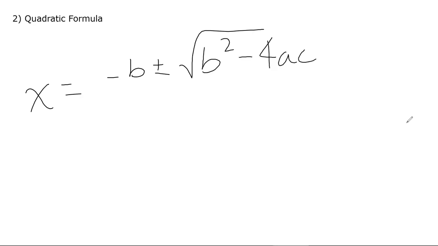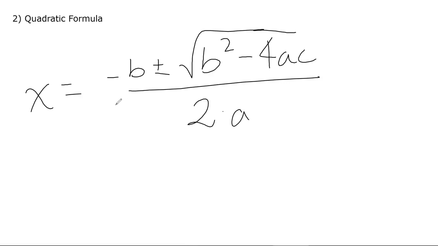Next, we have the quadratic formula. We can also solve the quadratic equation using the quadratic formula, which is x is equal to negative b plus or minus the square root of b squared minus 4ac, all over 2a, 2 times a.